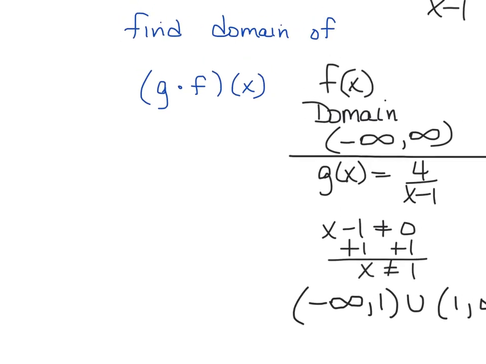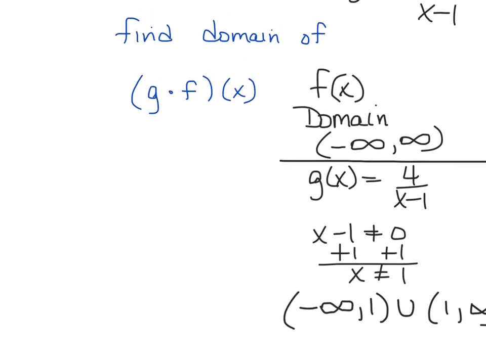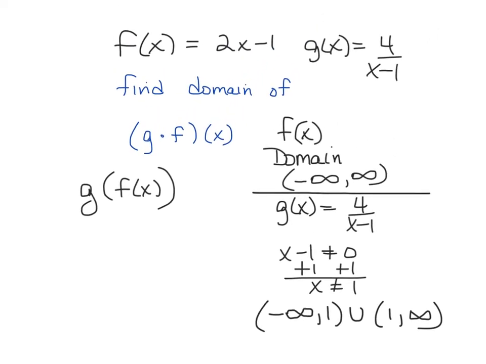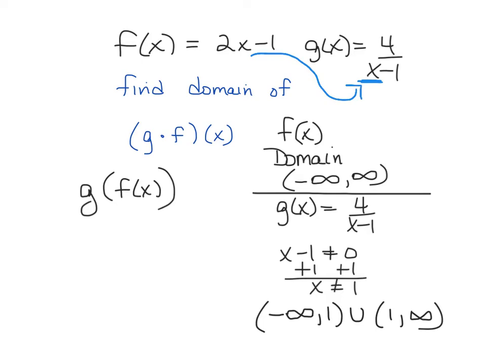So again, we're going to take the g of x function, and we're going to plug in the f of x function. So my g of x function, again, was 4 over x minus 1. So I'm going to take out this x, and in place of it, I'm putting 2x minus 1. So 2x minus 1 goes in place of x, and then I still had the minus 1.